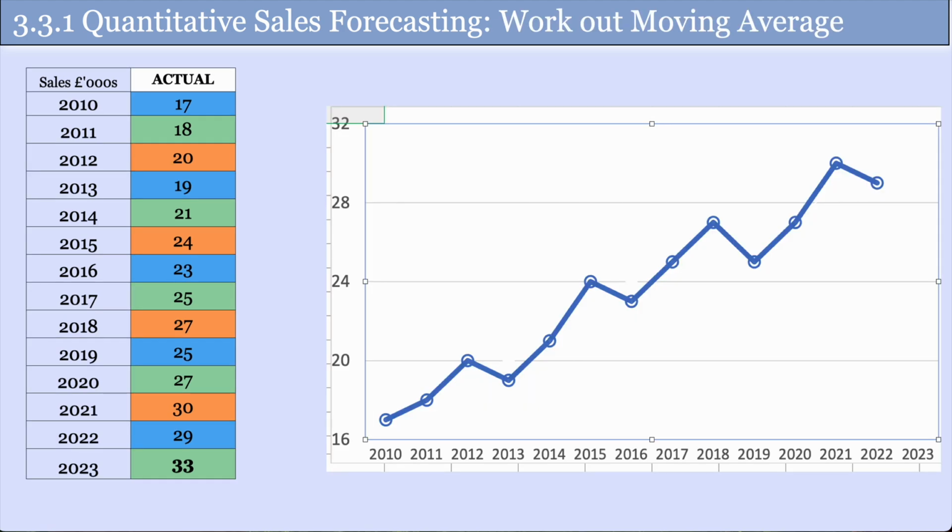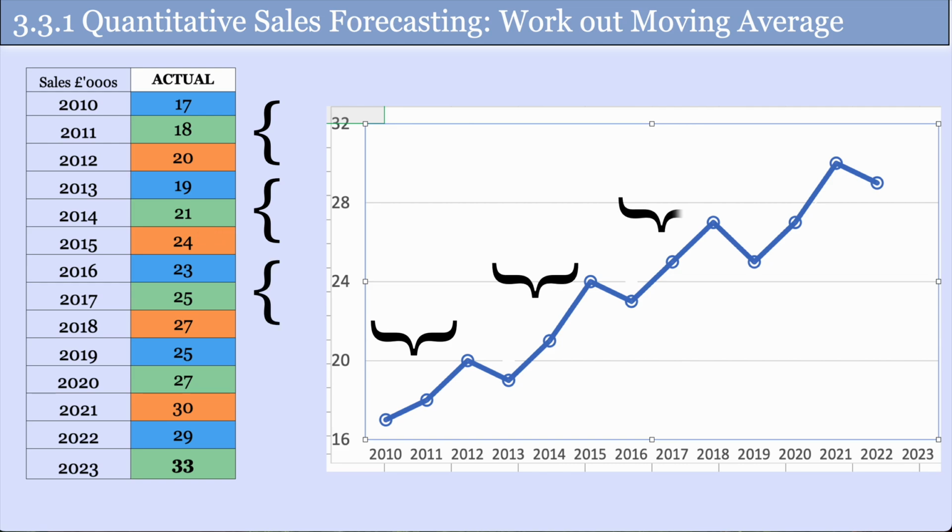So this is the data plotted for you, and you can see that it's got lots of peaks and troughs in it. What we recognize is that the first 3 years is a cycle, and that is shown here. The second 3 years, 13, 14, 15, that's another cycle. There it is.